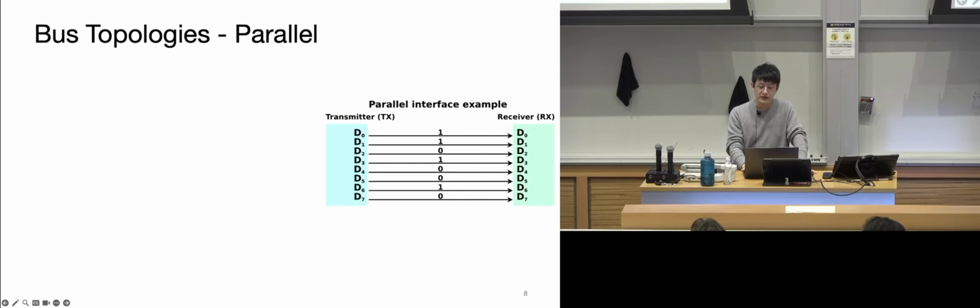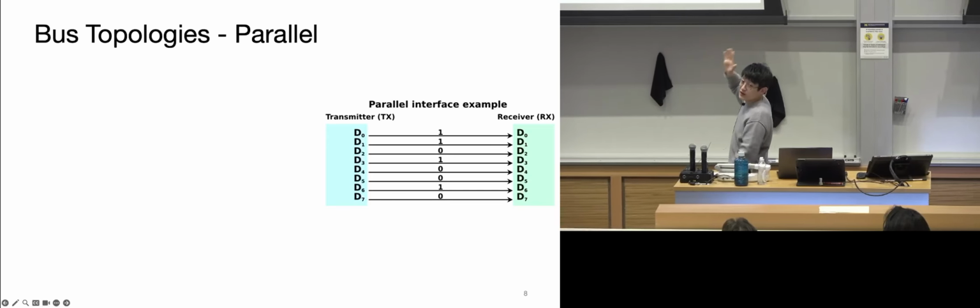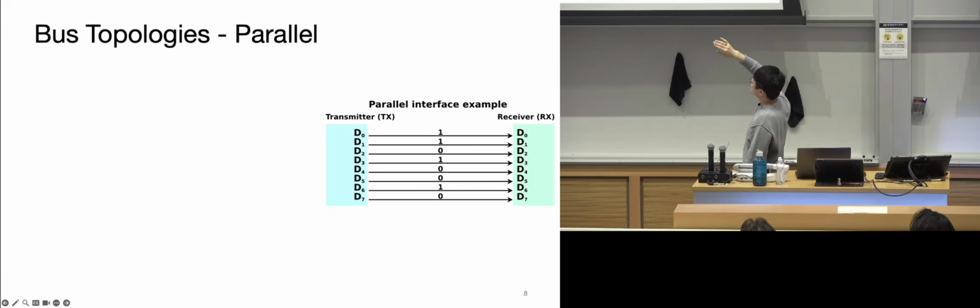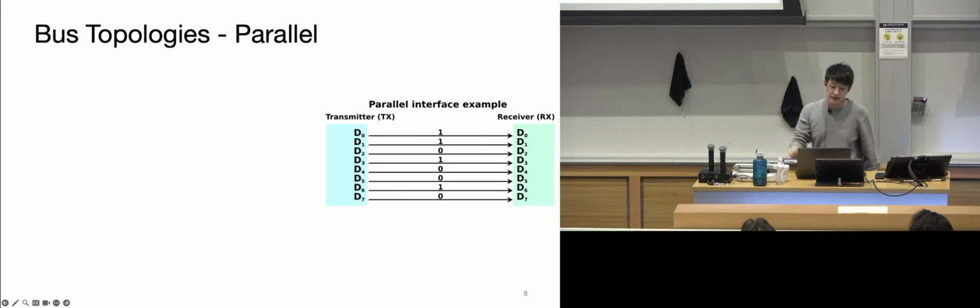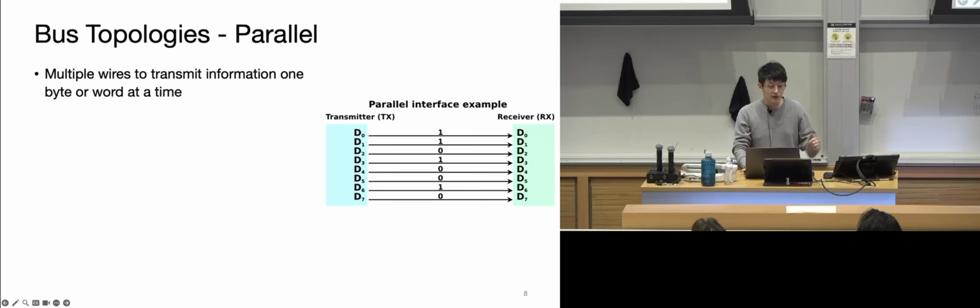First we would look at some examples of how parallel works. Pretty straightforward, just like when we talked about the APB buses. One wire connects, depending on how many bits you need. One bit gets its own wire that connects between the transmitter and receiver. And basically you will need multiple wires for that.